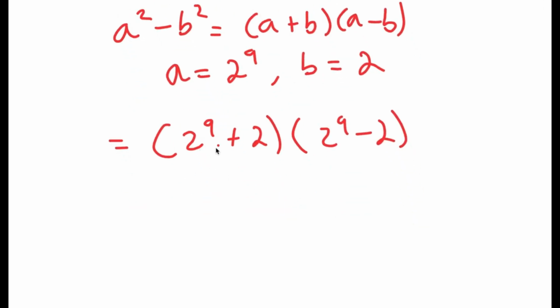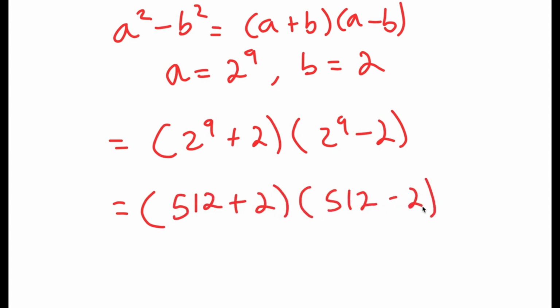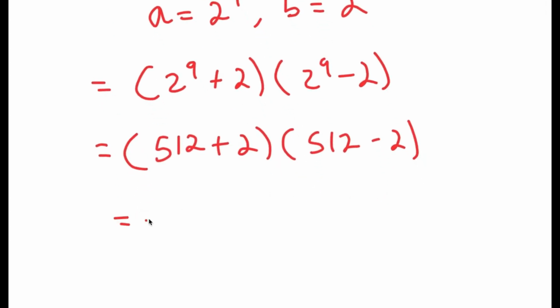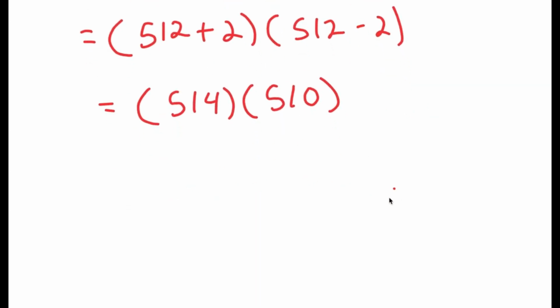Now, if you didn't already know, 2 to the power of 9 is equal to 512. So I get 512 plus 2 times 512 minus 2. So 512 plus 2 is 514, and 512 minus 2 is 510. So I get 514 times 510.